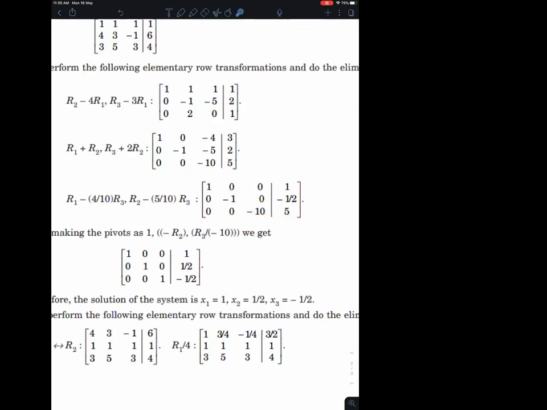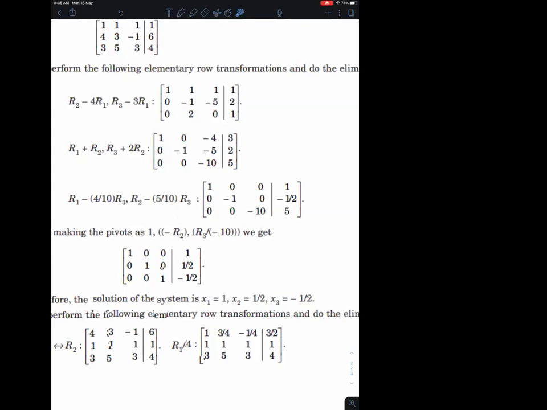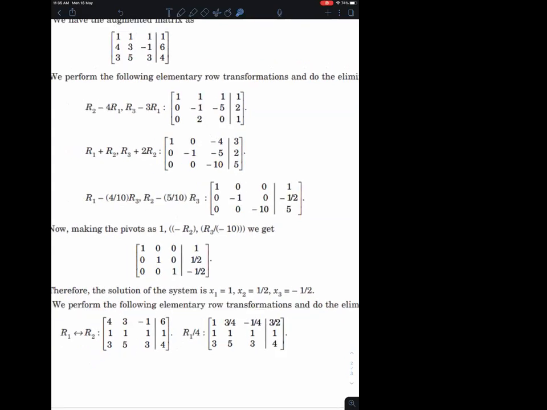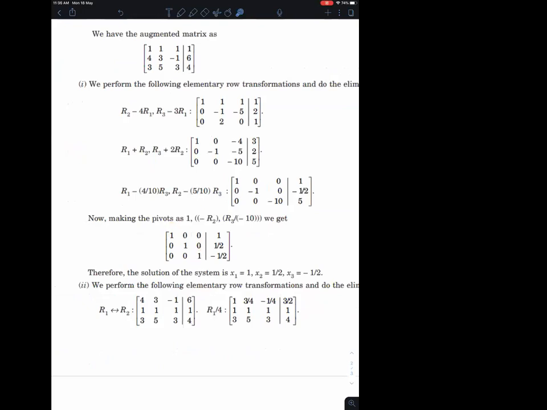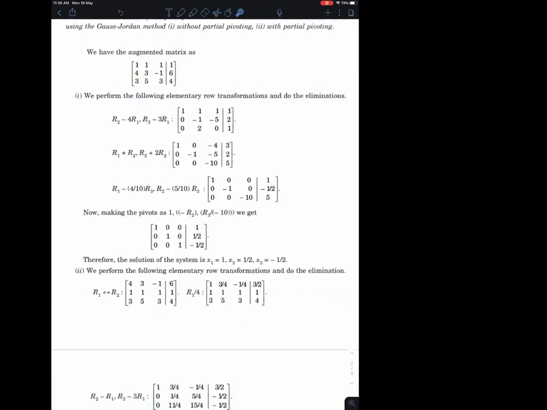So you'll get this. 0 divided by -10 is 0, 0 divided by -10 is 0, -10 divided by -10 is 1, 5 divided by -10 is -1/2. Okay. So once you have achieved this, you're done. Then you go: x1 is 1, x2 is 1/2, x3 is -1/2. You're done. For part 2, you don't have to do.